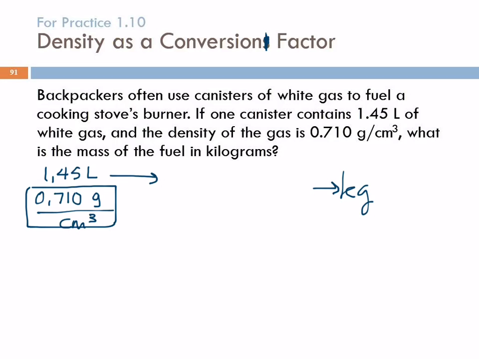And it's probably not obvious what we're supposed to do here. Let's look at our density here and see if it's related to anything. How about grams and kilograms? We know how to do that. So if we got to grams, we could go to kilograms, no problem. And this has grams in it. This would allow us to go between grams and cubic centimeters.